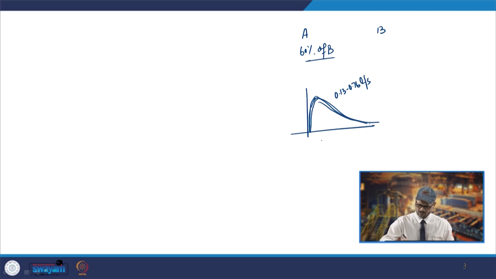This was for A, and the top height is close to 0.58 or so, this is 0.6. So, dimensionless concentration was measured against dimensionless time. What they found is that the time is 0.5, then 1, 1.5, then 2, and it may go up to 3, so 2.5 and 3.